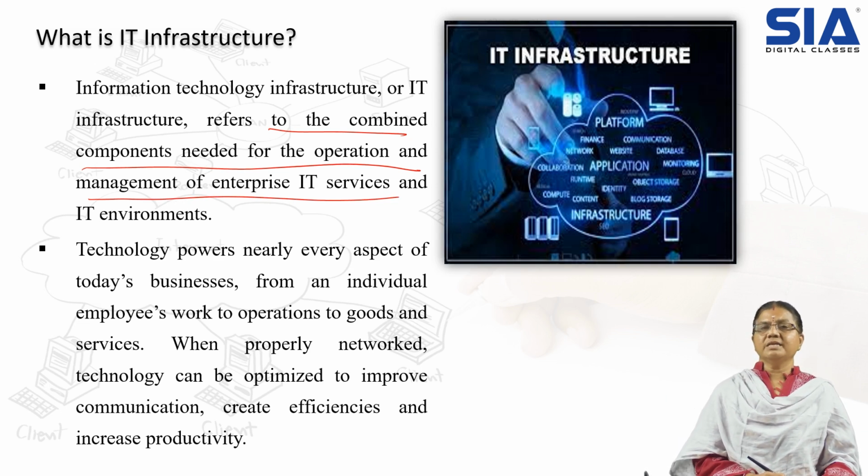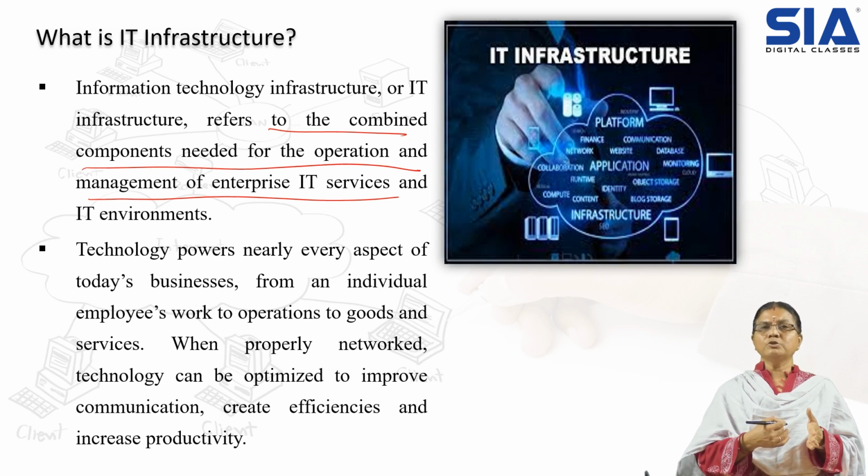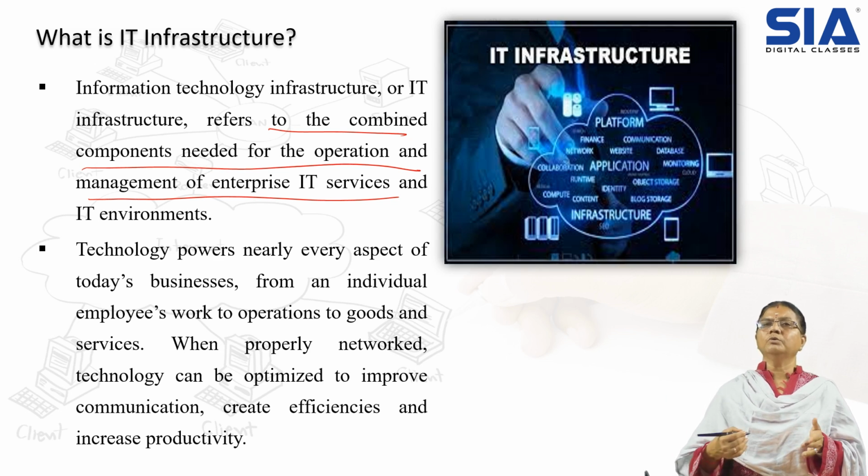We understood that IT means information technology used through computers, here for e-commerce. So IT infrastructure means the facilities and components required to execute or make the application of IT possible.